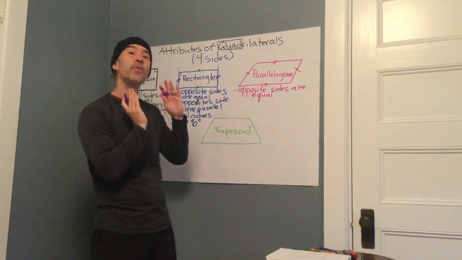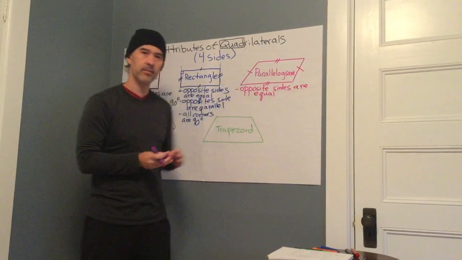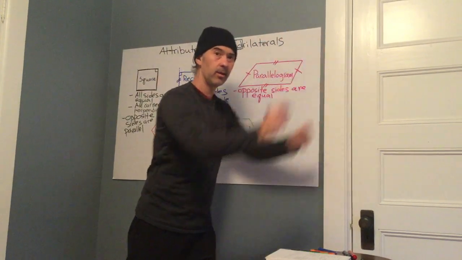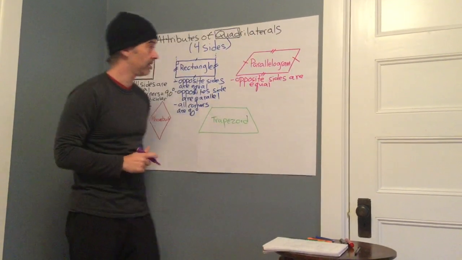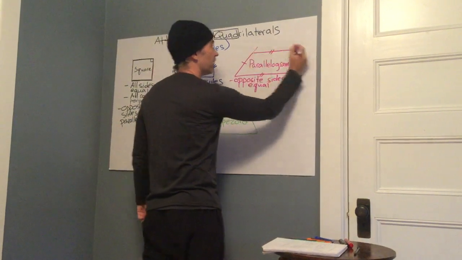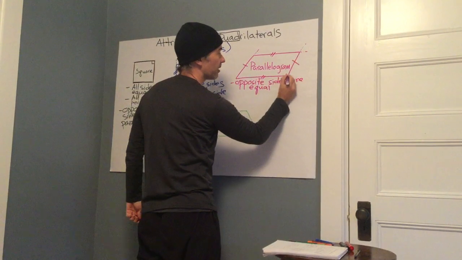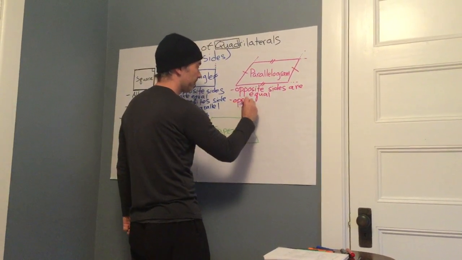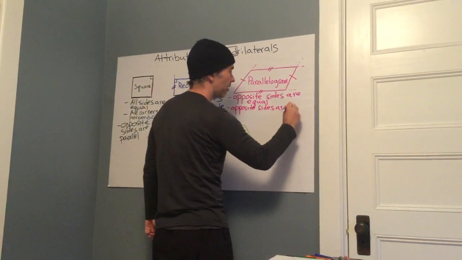What else can you tell me about the opposite sides? This one and this one, that one and that one. Are they parallel? Do they travel in the same direction and never meet? Yep. This keeps going, is parallel to this keeps going, and this one is parallel to this one. So opposite sides are parallel.